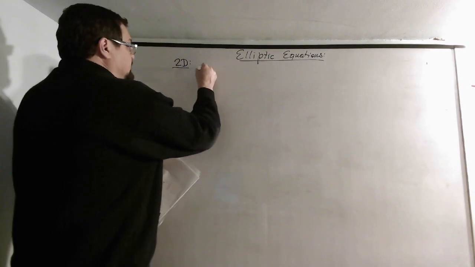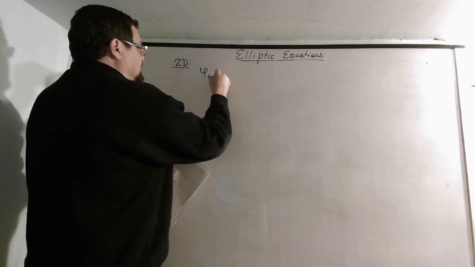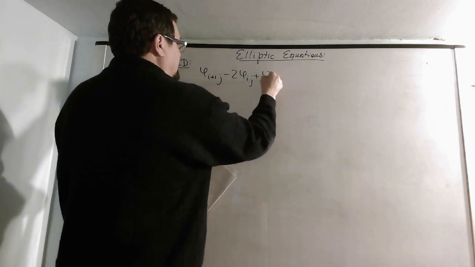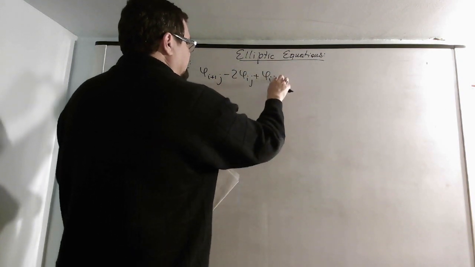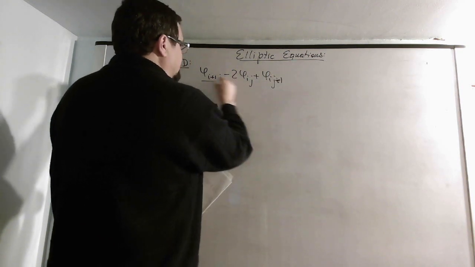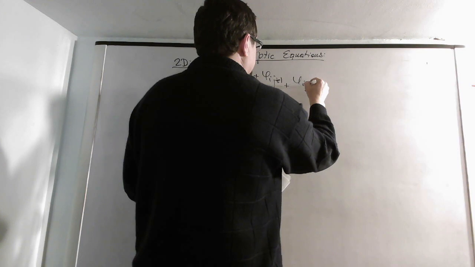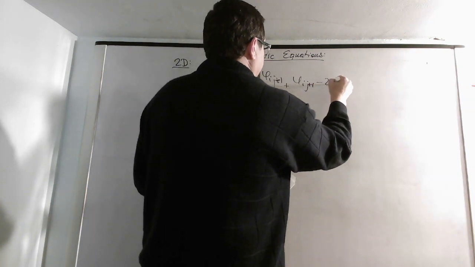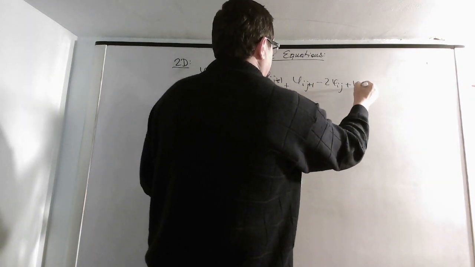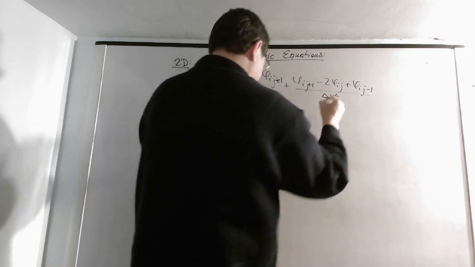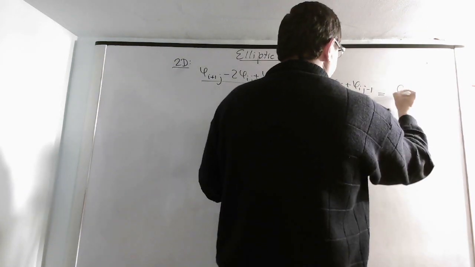It looks like the following: phi i plus 1 j minus 2 phi ij plus phi i minus 1 j, divided by delta x square, plus phi ij plus 1 minus 2 phi ij plus phi ij minus 1, divided by delta y square, equals f ij.